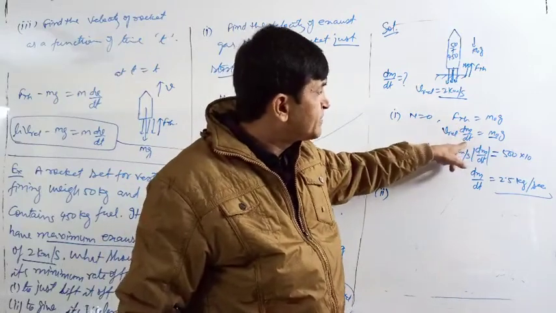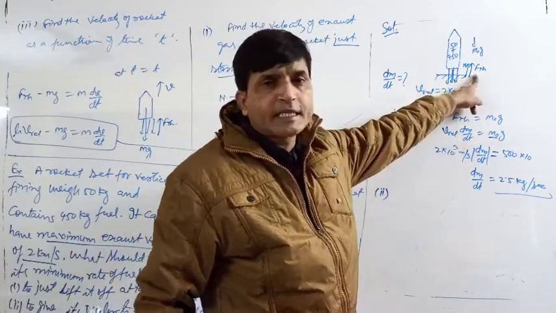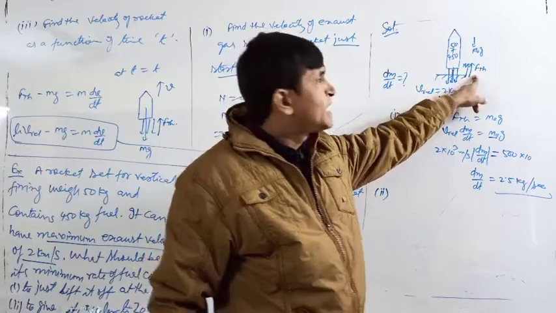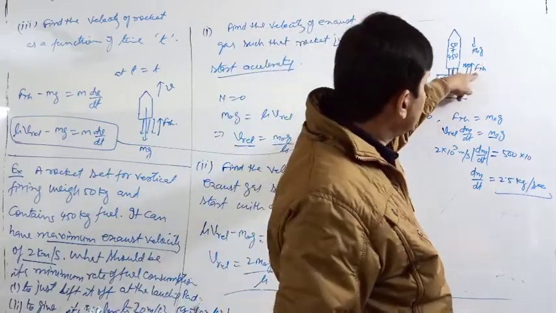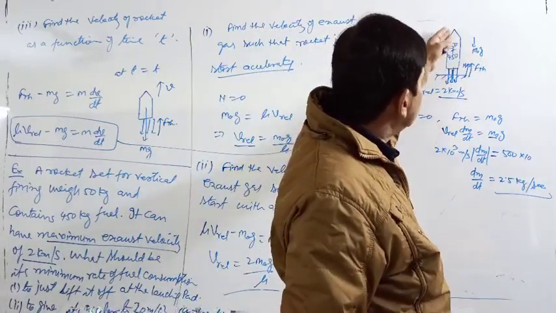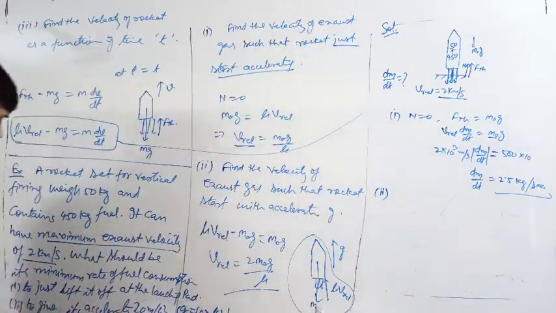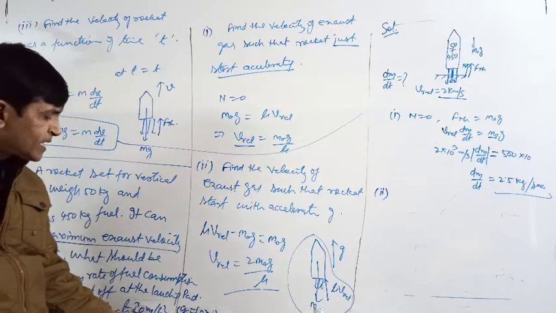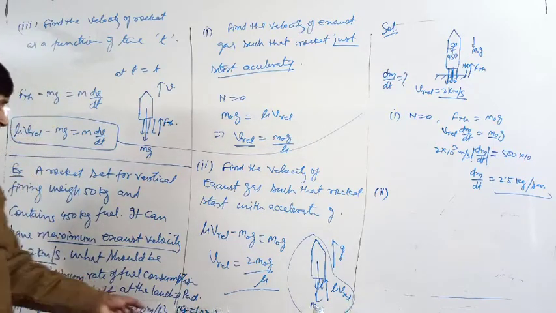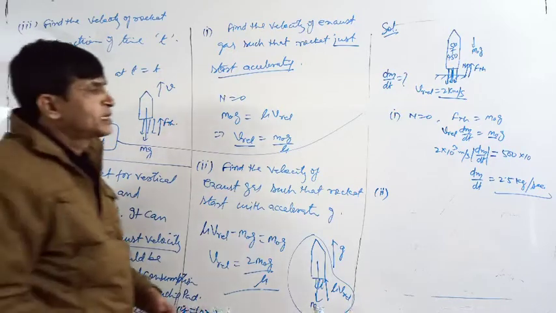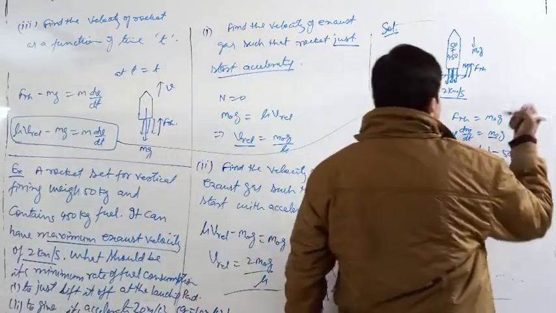means dm by dt if it increases, thrust force will increase, and with that thrust force the rocket may accelerate with a certain acceleration. In the second part, the same thing they are asking: to give it an acceleration of 20 meter per second square, then what is the rate of burning of fuel? Now our equation will change here.